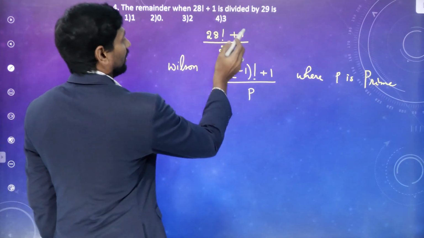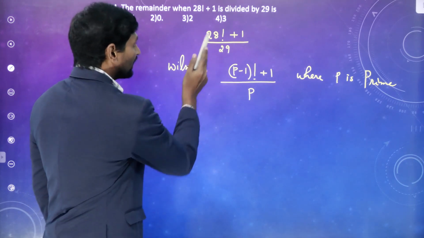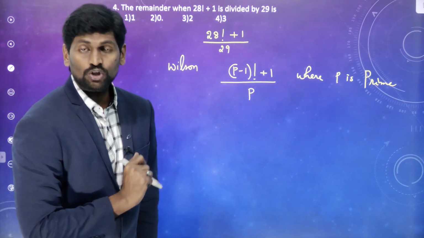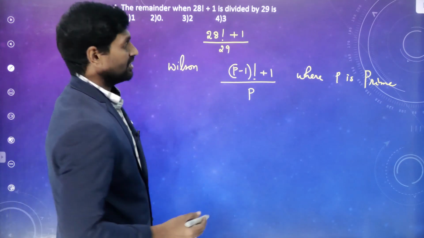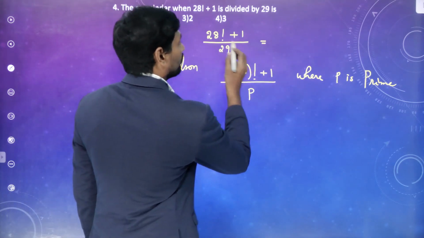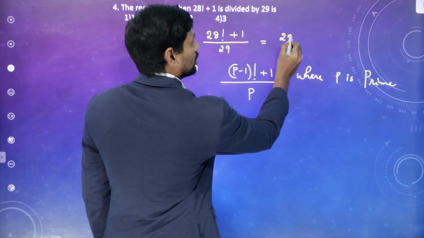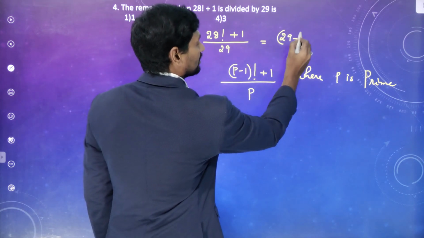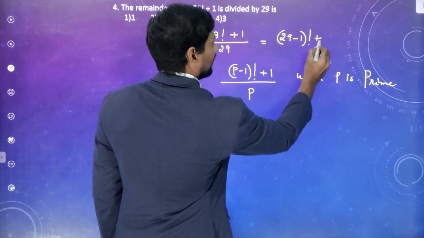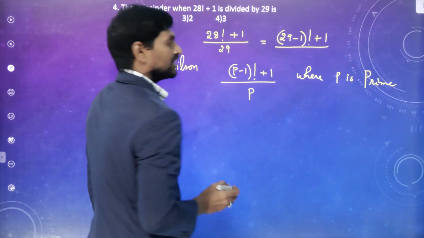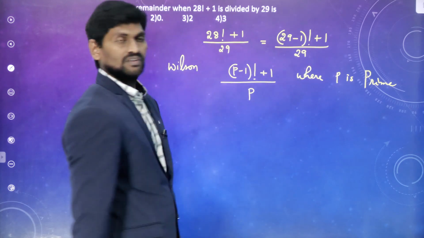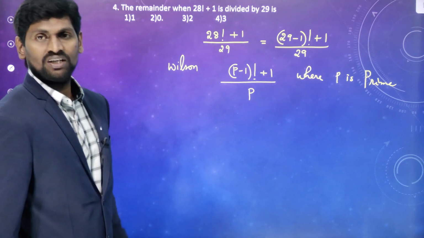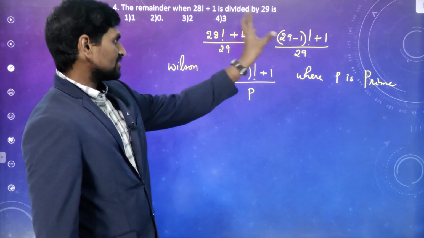While you are observing here, 28 is not a prime number, 28 is a composite number, but 29 is a prime number. Now I am writing 28 as 29 minus 1. 28 factorial I am writing as (29 minus 1) factorial. So 29 is a prime number, and 28 factorial I have expressed in this way.